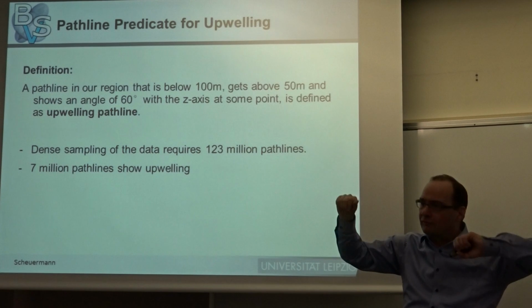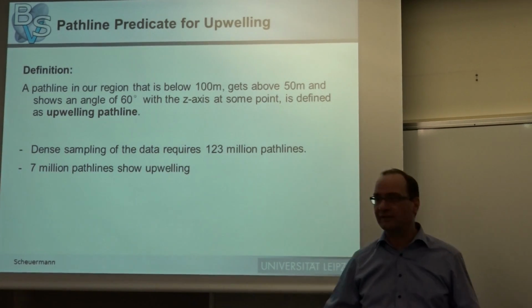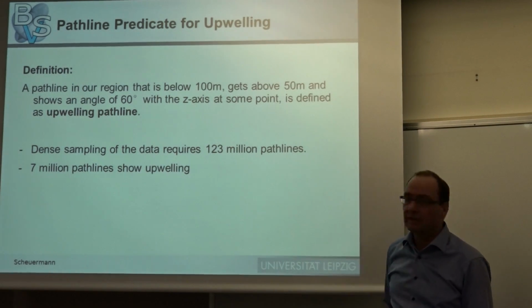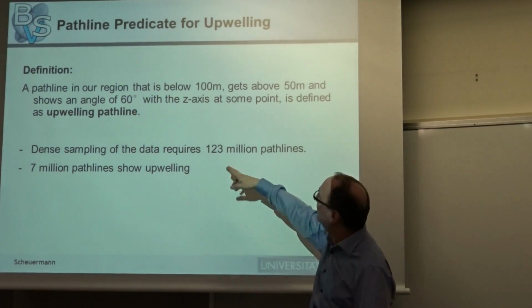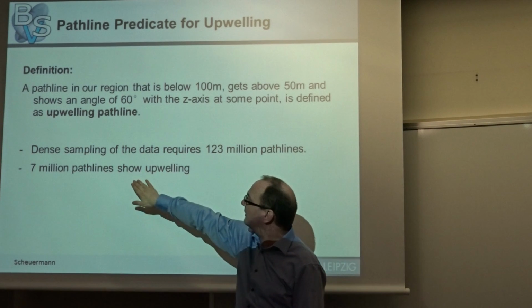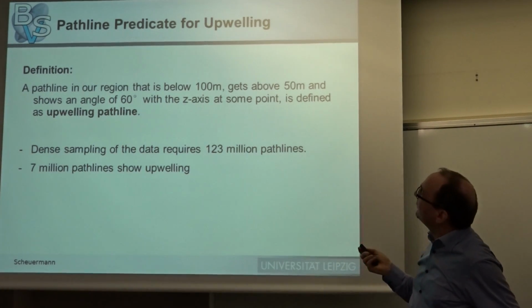It's just kind of a rule of thumb, and there haven't been any of these studies so far, so we had to come up with some idea. Yeah, and then test. We calculated, just to give you a few numbers, 123 million pathlines here, and 7 million show the upwelling.